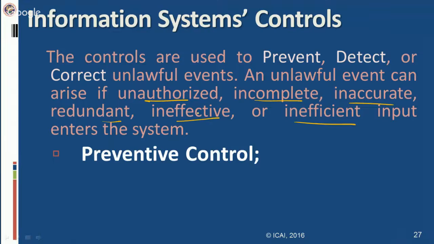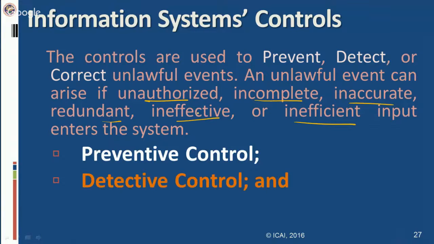Segregation of duties, firewalls, antiviruses, they are all preventive controls because at the first point in time, we do not want any of our information systems to be attacked. Then comes the detective control. Even when the preventive controls are placed, still there could be a possibility that an attack occurs. Then we should be in a position to detect that particular error.